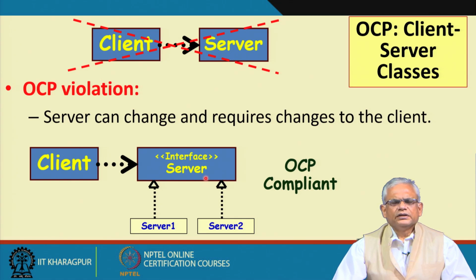We can even extend the interface later if some interfaces need to be changed or new services are required. We might extend the interface, but the working code does not get affected, and this is the solution to the open closed problem: programming to an interface.